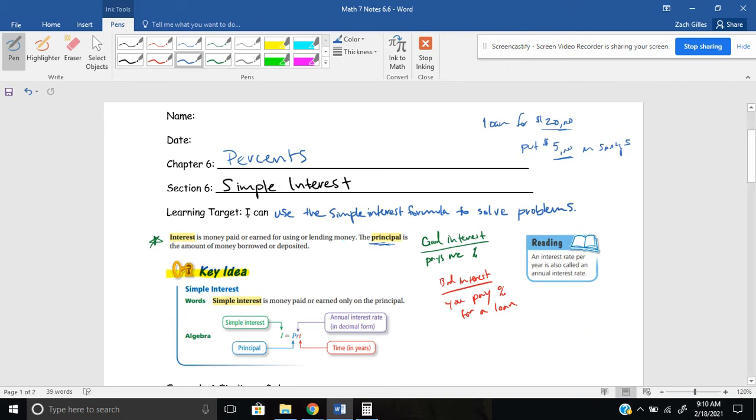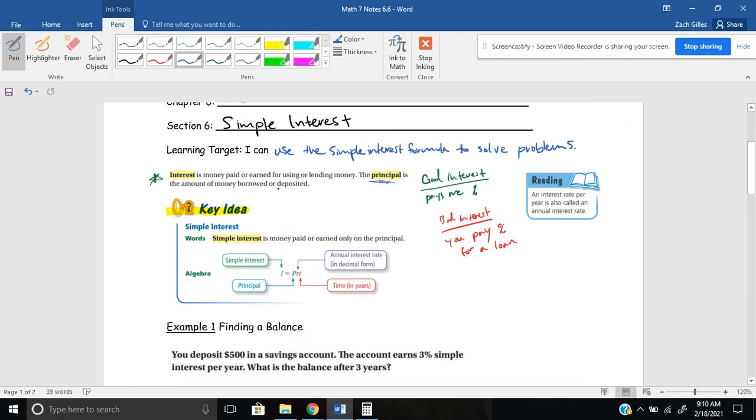Okay, so how can we use those two things with the simple interest formula then? Well, simple interest is the money paid or earned on the principal. So we're looking for interest, or simple interest, which is abbreviated I in this case.